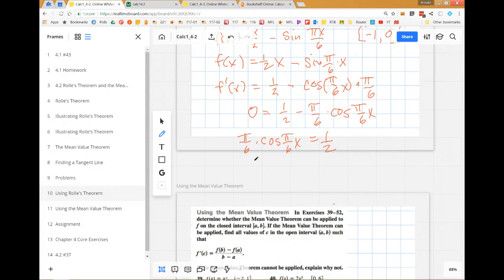So what I did is I added this thing that was being subtracted to both sides, and that equals 1/2.